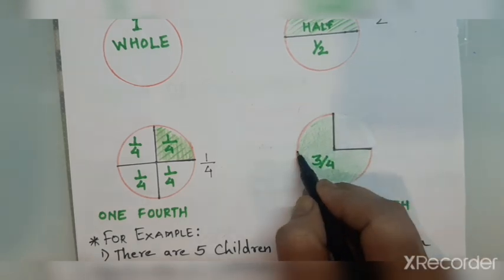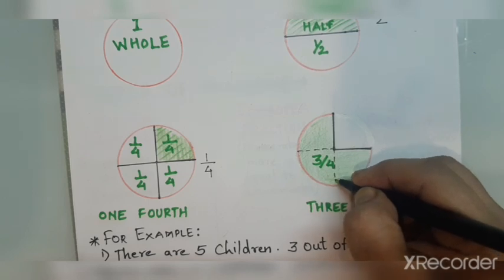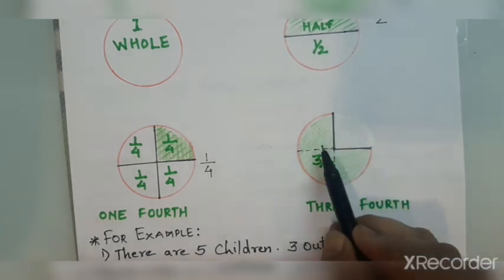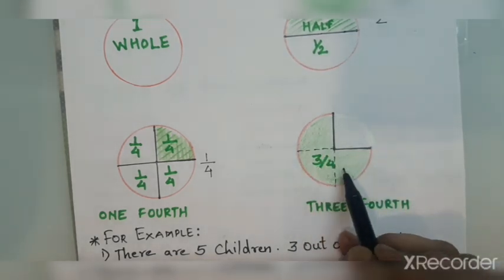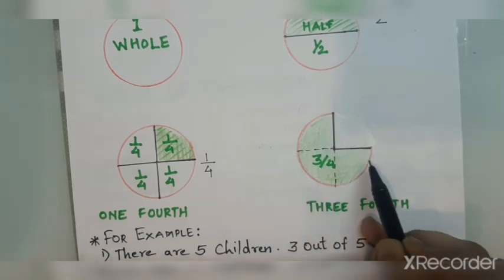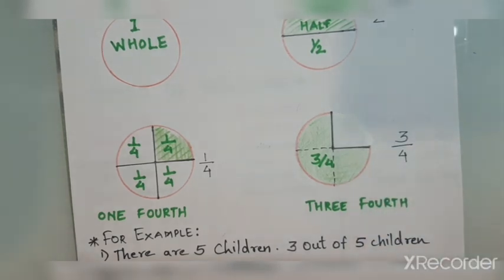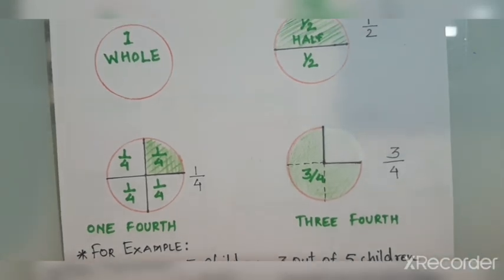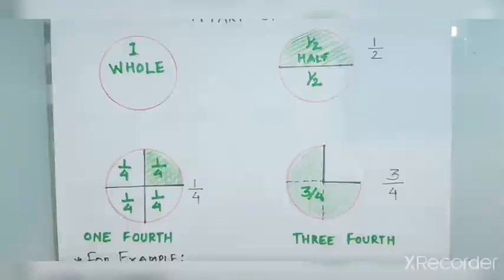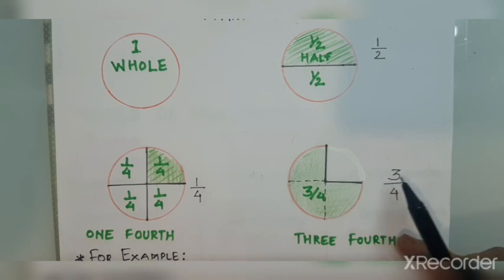If I put some dotted lines here, this is one part, second part and third part. So what is shaded is actually the 3 parts from the 4 parts, and therefore it is written as 3/4. In this way we write a fraction when we describe a part from the whole.